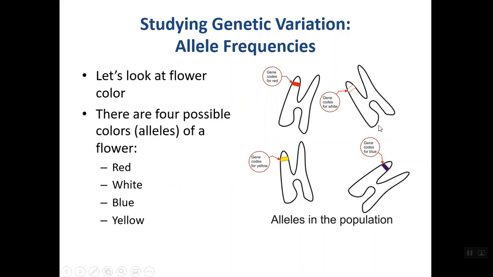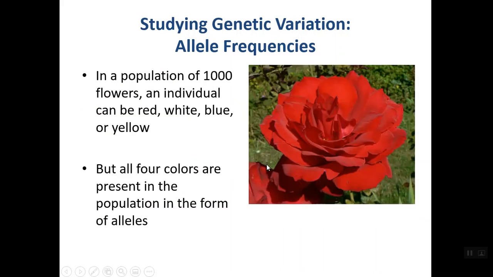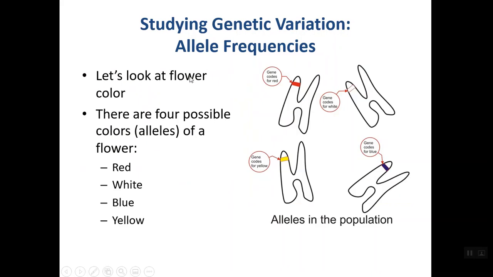Okay, and in this very example, it wants to show you that the frequency or fraction of each of these alleles in the population of this species is perhaps 25%. So statistically, we see that 25% of plants are this color, 25 this color, 25 this color, and 25 this color.